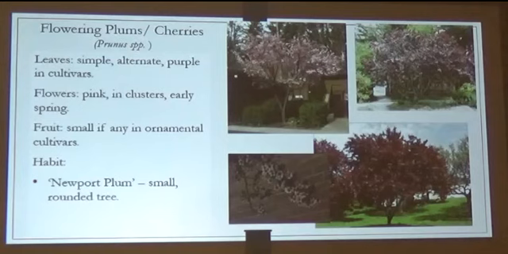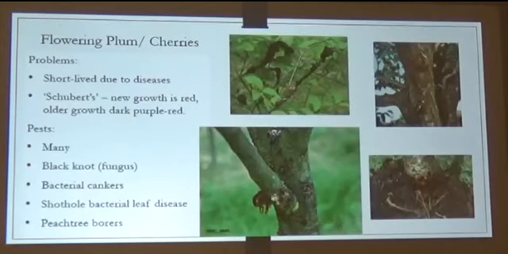And cherries have all kinds of problems. They are very short-lived because of these problems. One of the ones that's most visible is this black knot disease, and it's not that visible during the summer, but when the leaves fall off in the winter, you'll see these big honking things all over the tree.